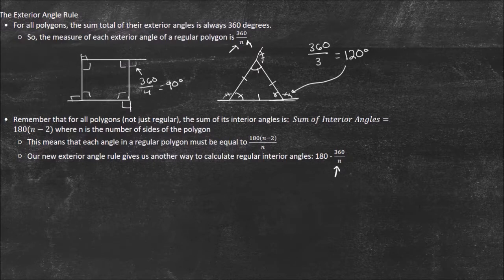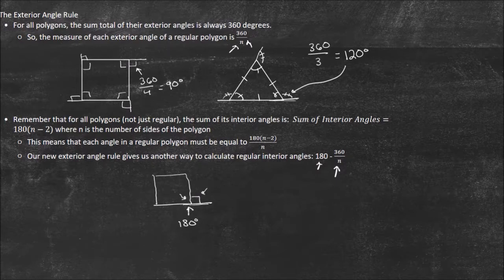Let me show you why that's true. We kind of talked about that with our square, but I'll just draw another one really quick. What I'm saying is that, okay, so let's extend the line. As you know that this is a straight angle. This has measurement of 180 degrees. That's where this comes from. Then we're saying, well, the exterior angle is 360 divided by n. That's this. So I have that angle.